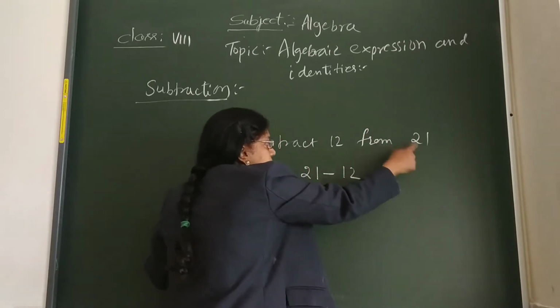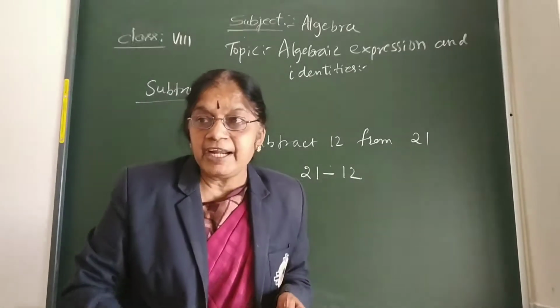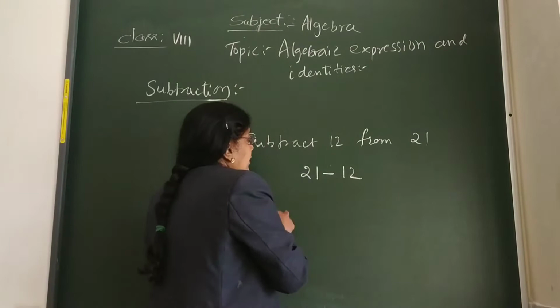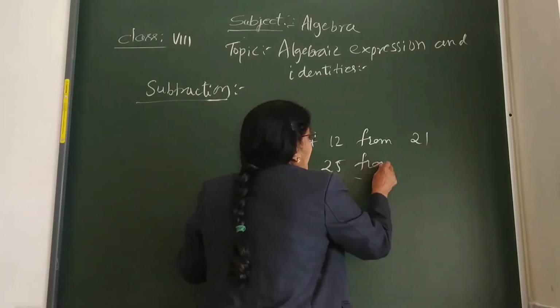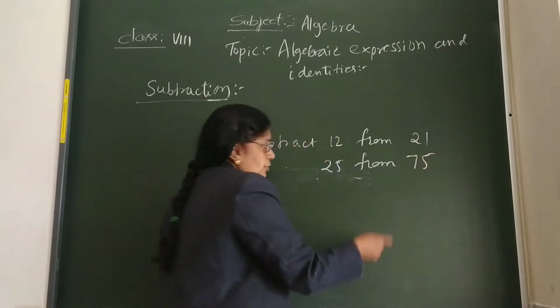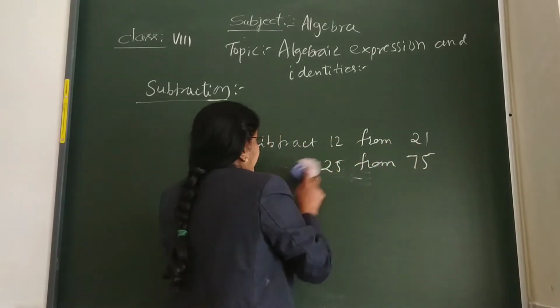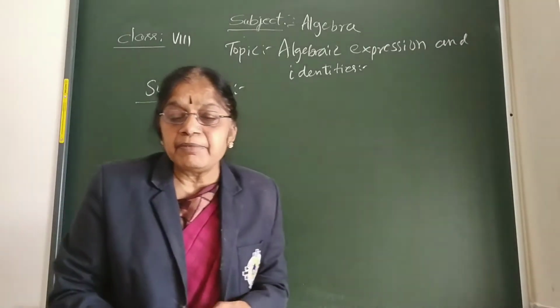So 21 minus 12. Whenever subtraction is asked, keep that in mind. Suppose it is given subtract 25 from 75. First write down 75 minus 25. The same method we are going to use for variables also.